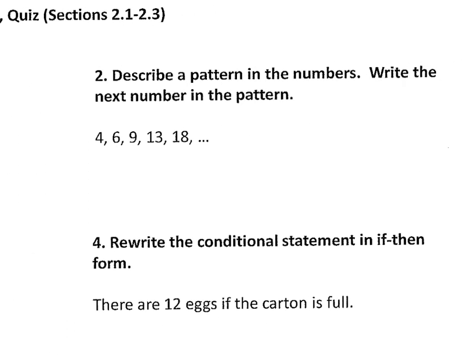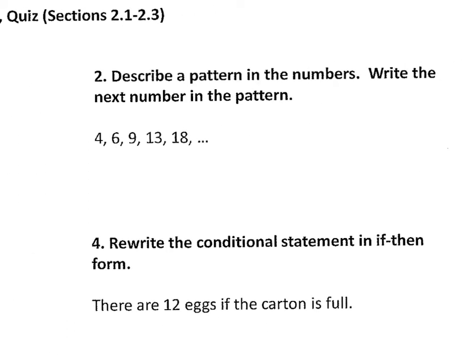Number 2. We're going to describe the pattern, okay? And then write the next number. So we're going from 4 to 6 to 9 to 13 to 18, okay? Numbers are getting bigger. So if numbers are getting bigger, we're either going to add or multiply, all right?